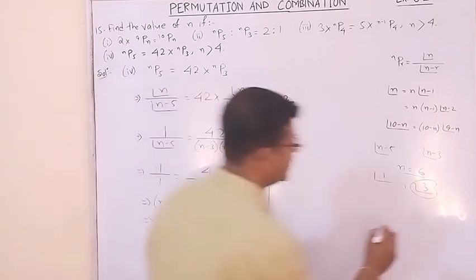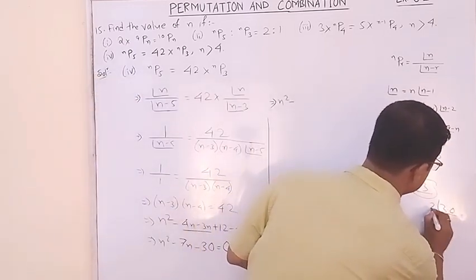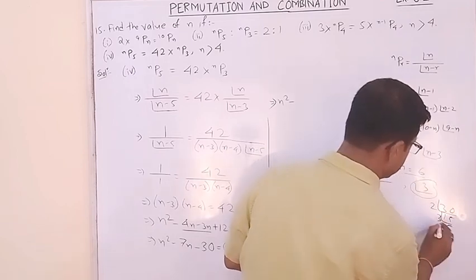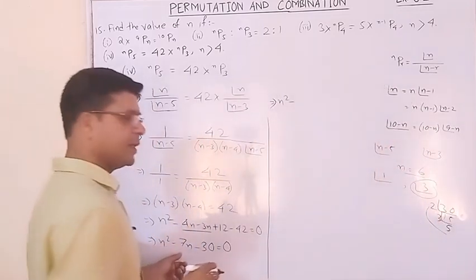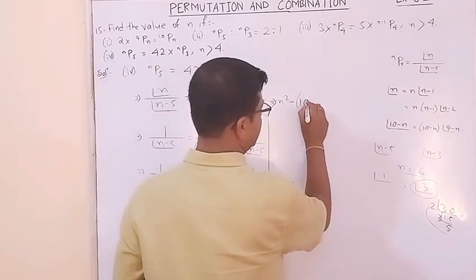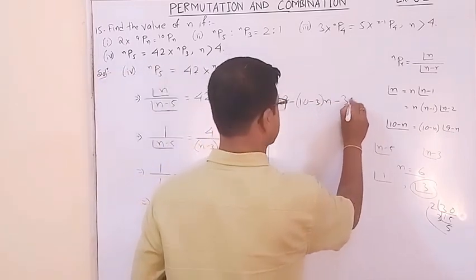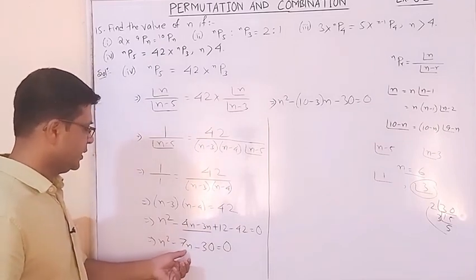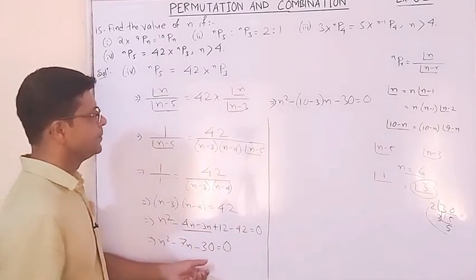So 30 into 1, 15 into 2, 10 into 3, 6 into 5. Okay, so 10 minus 3 we can make 7. So n square minus 10n plus 3n minus 30 equal to 0.